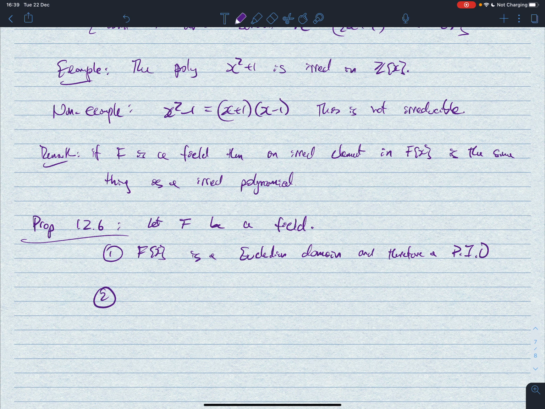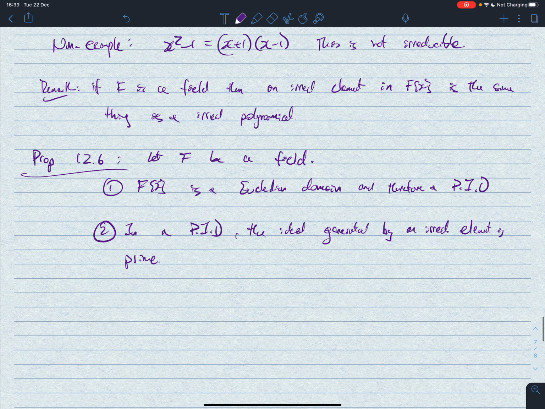2. In a PID, the ideal generated by an irreducible element is prime. 3.